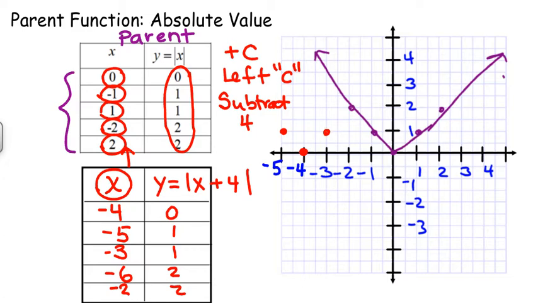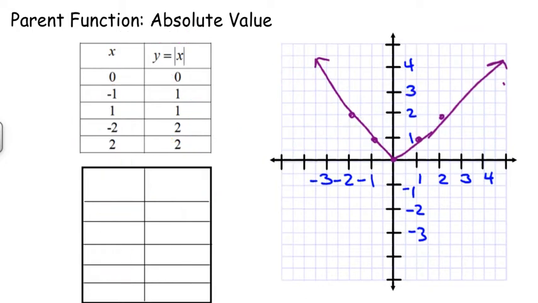The next ordered pair is negative 6, which is a little bit off my graph, but that's fine, up 2. Next ordered pair is negative 2, up 2. Now we graph those ordered pairs and connect our lines. Notice that it's shifting left 4 units.